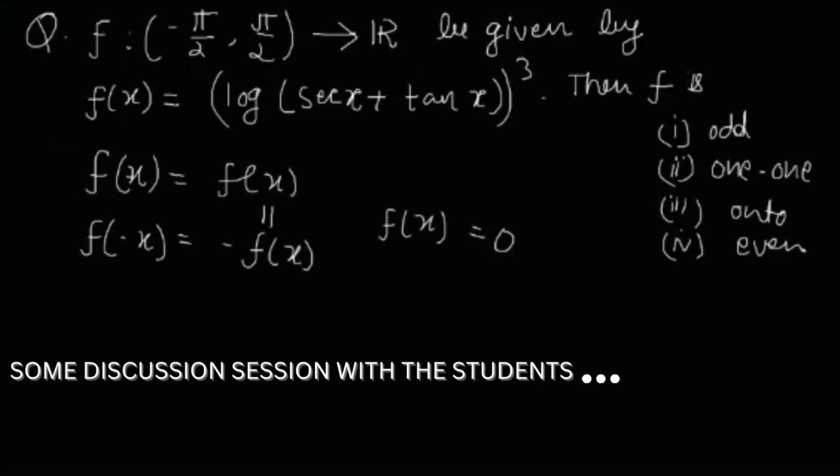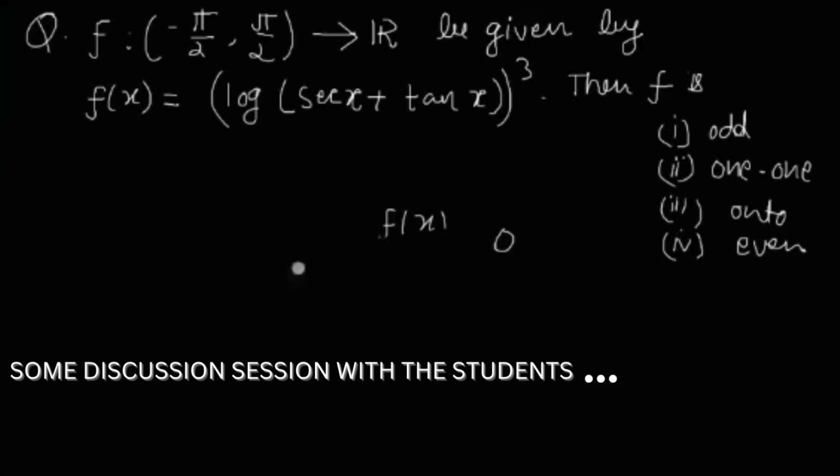Maybe the tan x sin x would cause it to be odd. My only question is, how do you do f of minus x with the log? Do we have to expand it?